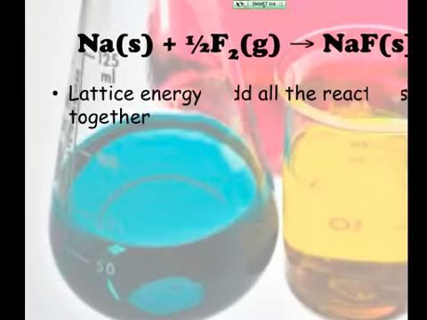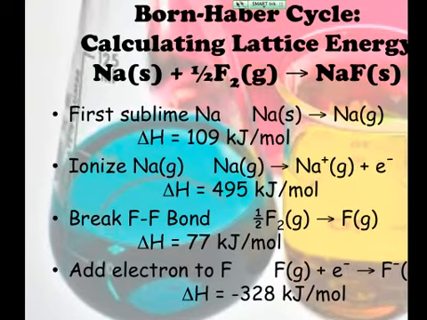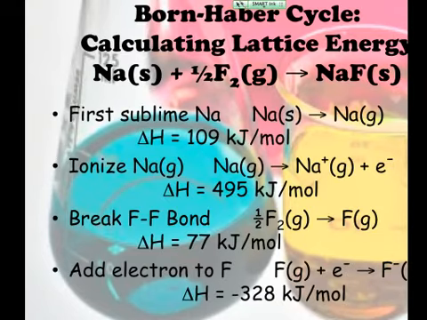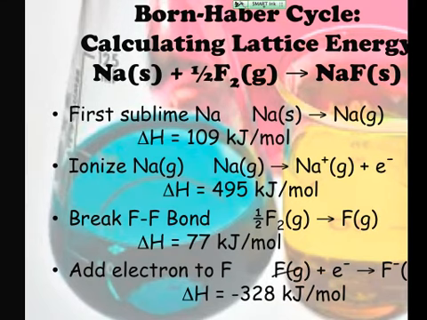Okay. Now for the lattice energy, we're going to add all of those steps together like you did with Hess's law. Start canceling out things that show up on both sides. So what can you get rid of? Let me see what we had. So F gas, Na gas, electrons, okay.